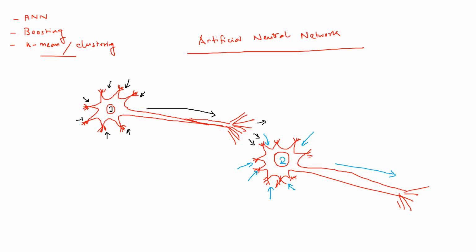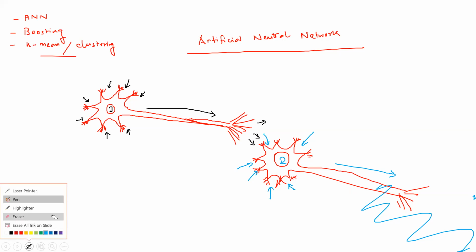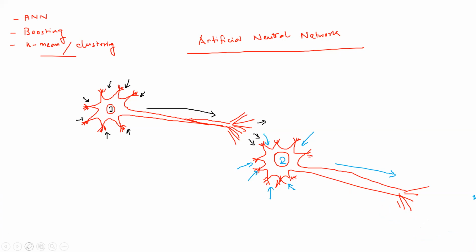Also, another important thing: let's say there is a rasgulla, just one. I blindfold a person and keep the rasgulla on the person's hand.